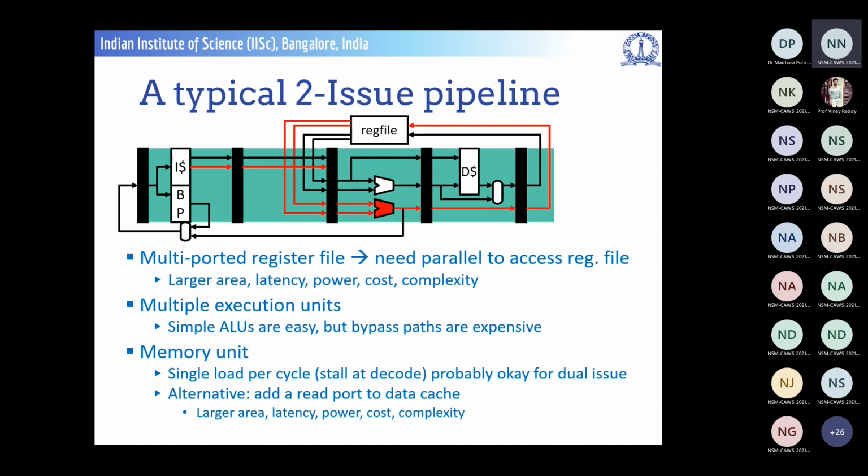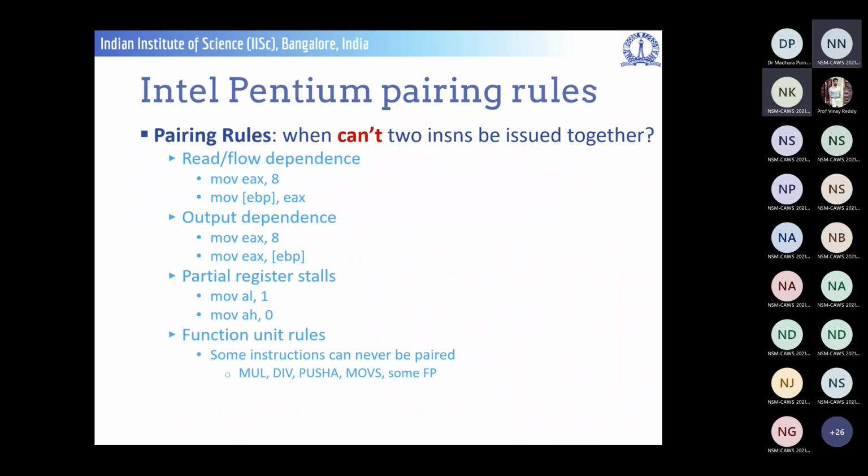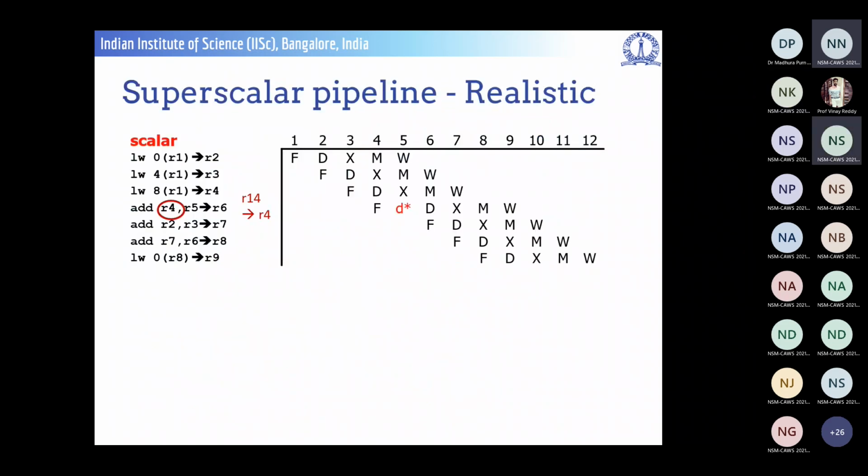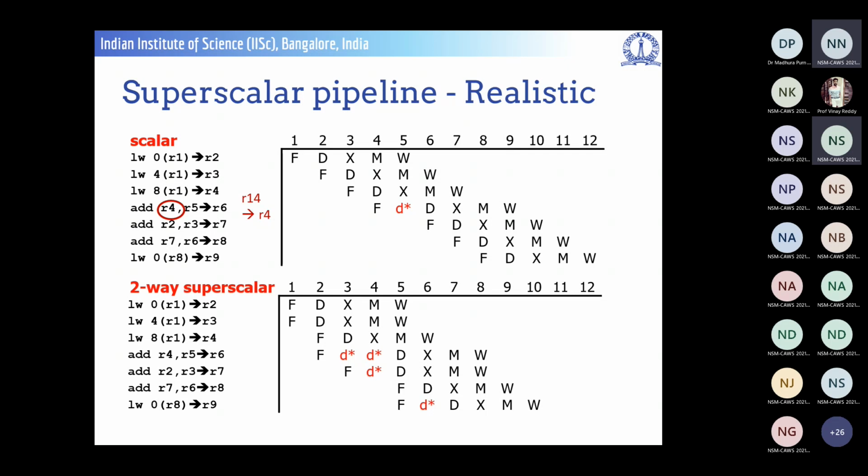Any other question related to whatever we have seen so far? Sir, can you move 2 slides back? The second case. For example, when I'm comparing the 4th stage, before decode, in the 4th instruction, add R4, R5, R6. In the two-way superscalar one. Okay, so let me open my laser. Yeah, this one.